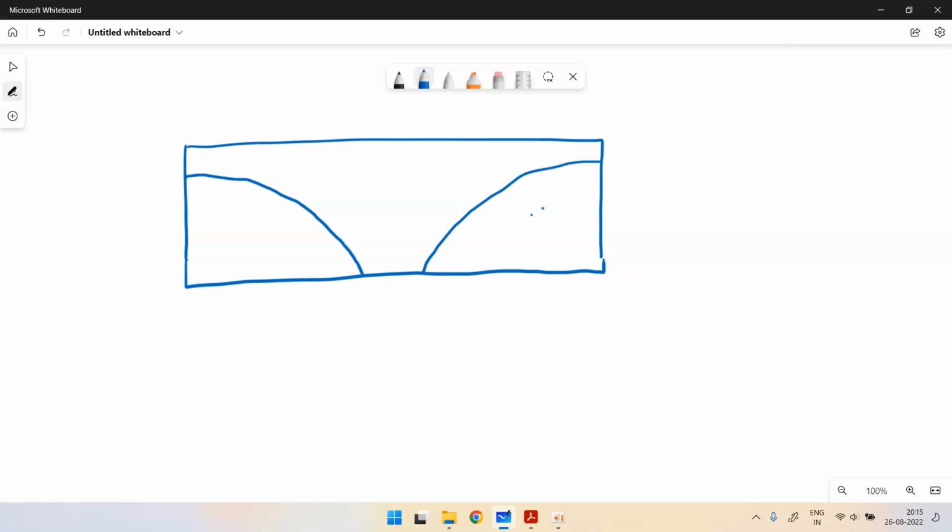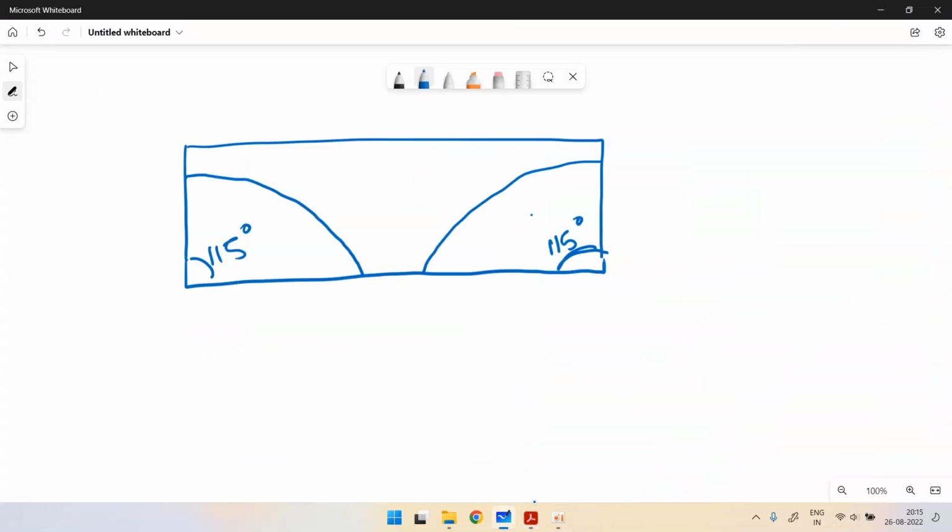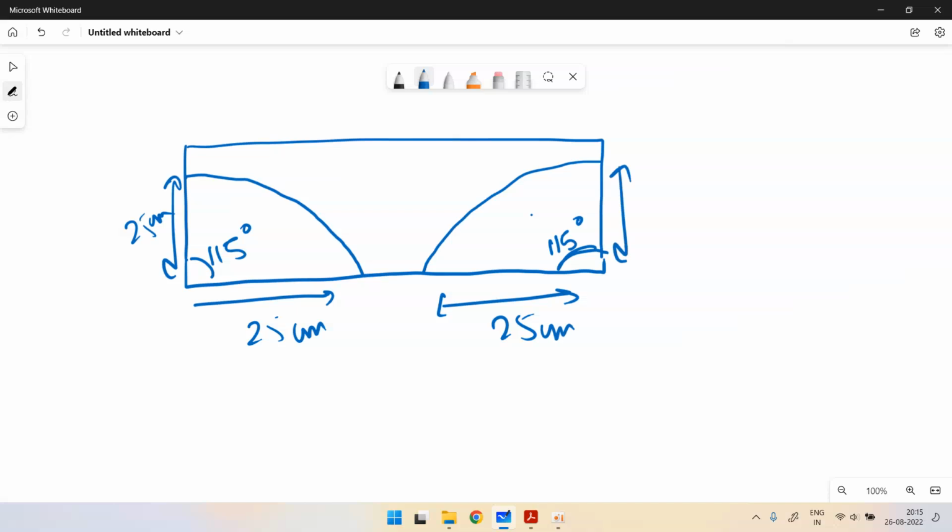Assuming this is your screen, the wiper has swept 115 degree. Two wipers are given, they do not overlap, and each has a blade of 25 centimeters, this is 25 centimeters, this is also 25 centimeters.